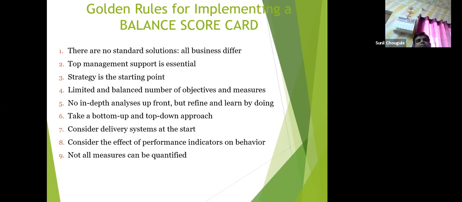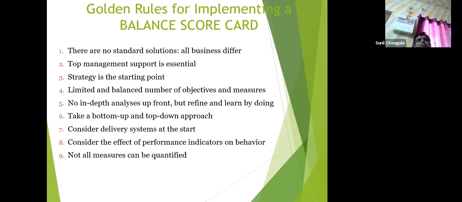Strategy is the starting point. We have seen strategy is the point from where all these four perspectives, learning and growth, customer perception, and financial perspective, come. Strategy is a very important thing.